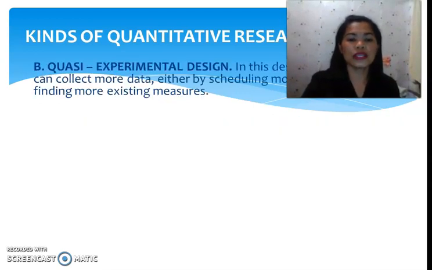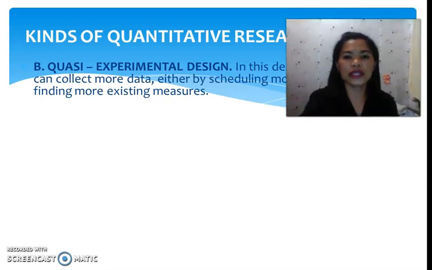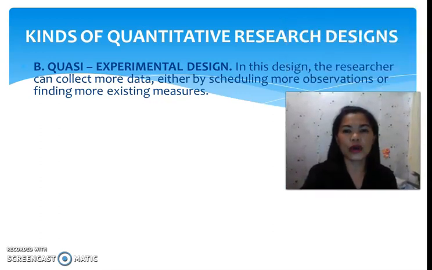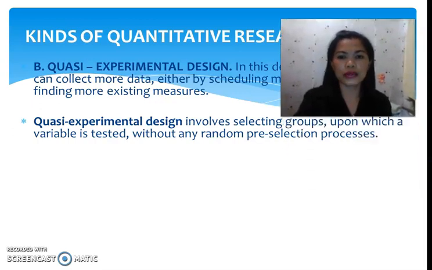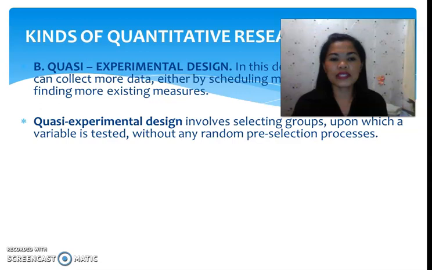Then the second one is quasi-experimental design. In this design, the researcher can collect more data either by scheduling more observations or finding more existing measures. Quasi-experimental designs involve selecting groups upon which a variable is tested without any random pre-selection process.